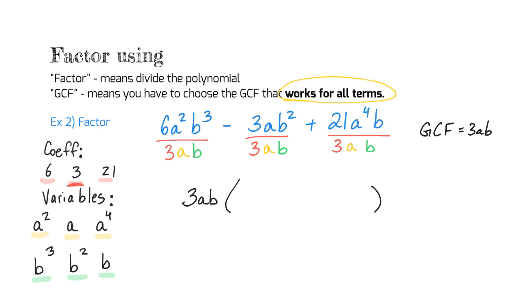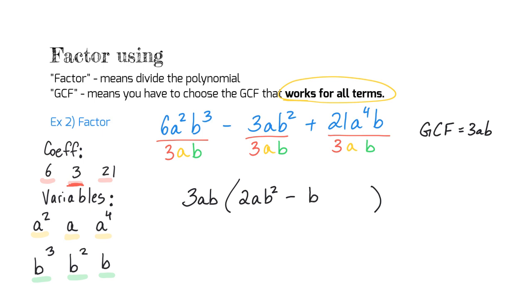So let's begin. 6 over 3 is 2. A squared over a is a. B cubed over b gives me a b squared for my first term. Then in the second one, negative 3 over 3 is 1. A over a is 1. B squared over b is b.